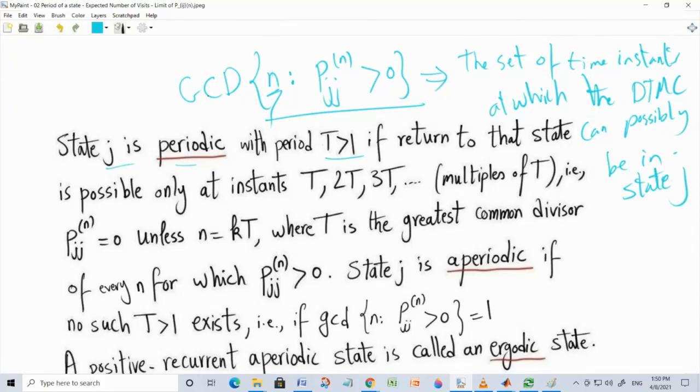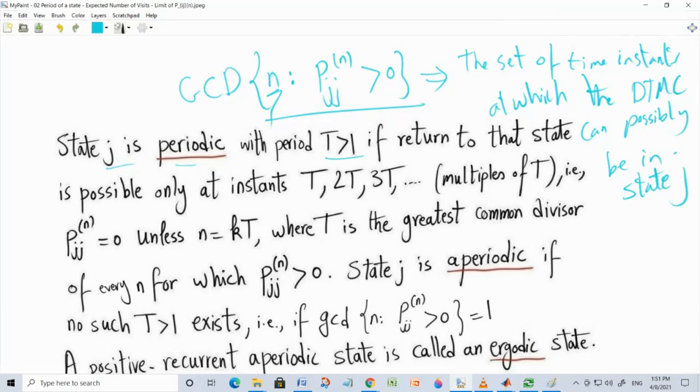Like in signals and systems, we actually allow a period to be equal to 1, but for discrete time Markov chains, the period must be 2 or more. The period is equal to big T, where T is greater than 1, if the chain starting from state j can be in state j with positive probability at time instance T, 2T, 3T, and so on, but otherwise we are sure that the chain cannot be in state j.